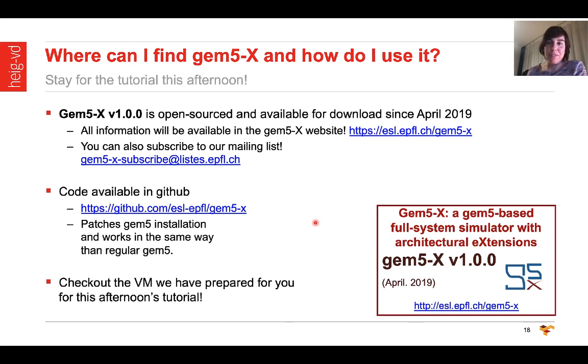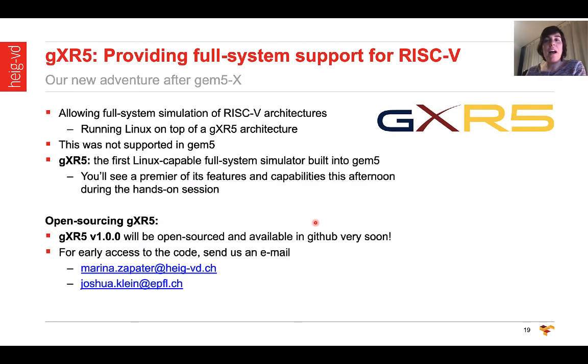So just keep in mind that very last thing, our latest new adventure is GXR5. The goal of GXR5 was to provide full system support for RISC-V architectures, and you will also see all the tiny details of what is working exactly.